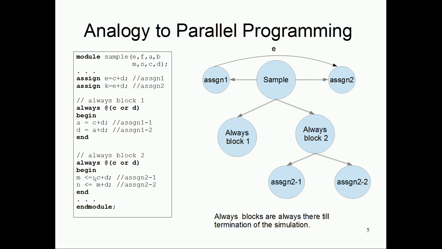Since we use the non-blocking assignment here, it will again be spawned into two threads, assignment 2 of 1 and assignment 2 of 2, and they will be evaluated independently from each other. That means the values we get on A and D won't be the same as for M and N, though the operations are similar from the coding perspective: this is C plus D, and this is the previous variable plus D, but they won't be essentially similar.